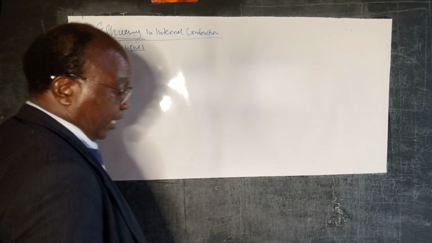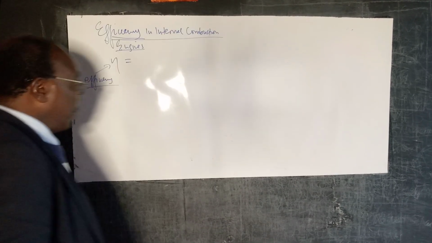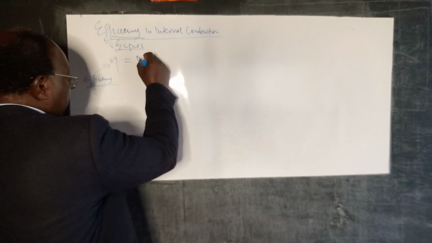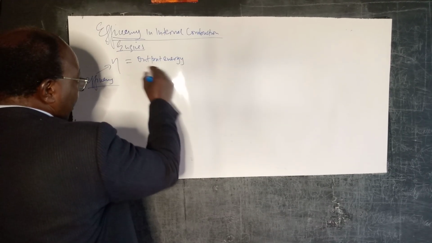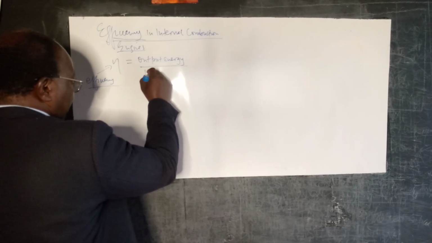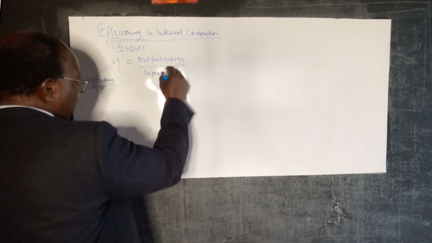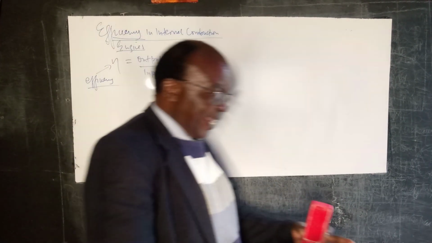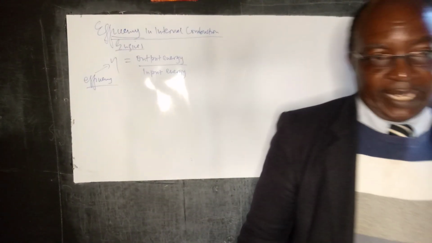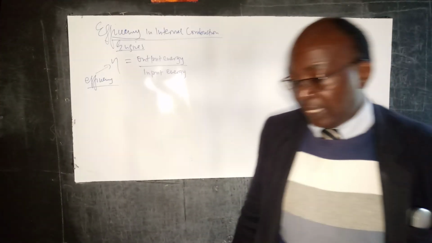You can call it anything, you can have a small e, there's no problem with that. But this is output energy over input energy. What you get out over what you put in will tell you how efficient your system is.